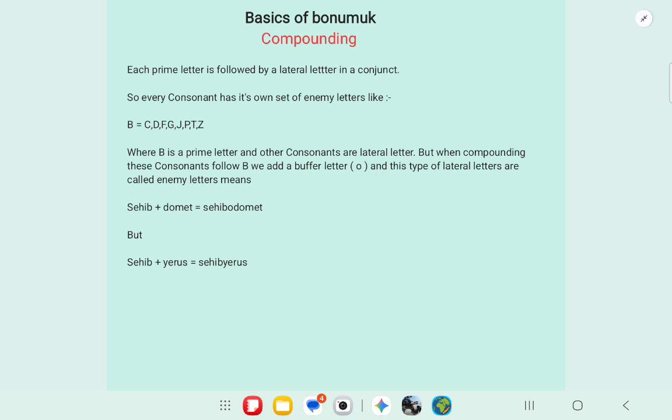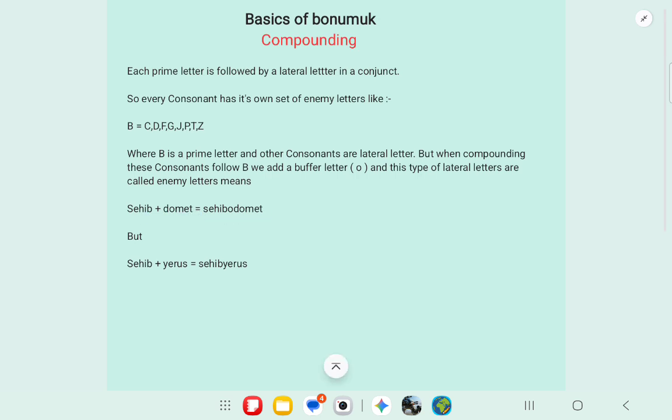And here in this case, prime letter is B. So whenever one of these consonants follows B, we have to add buffer letter O. Okay, so therefore Sahib plus Domet becomes Sahibo Domet, means master of home. Okay, thank you. That's for today.